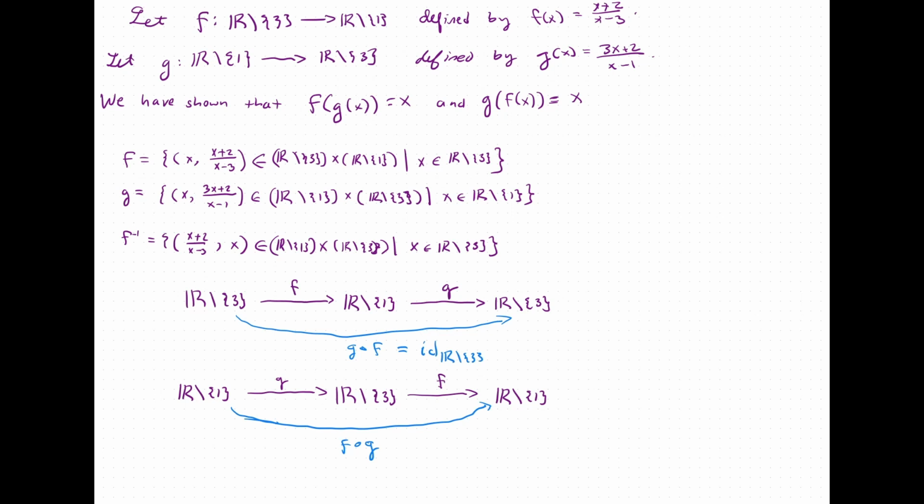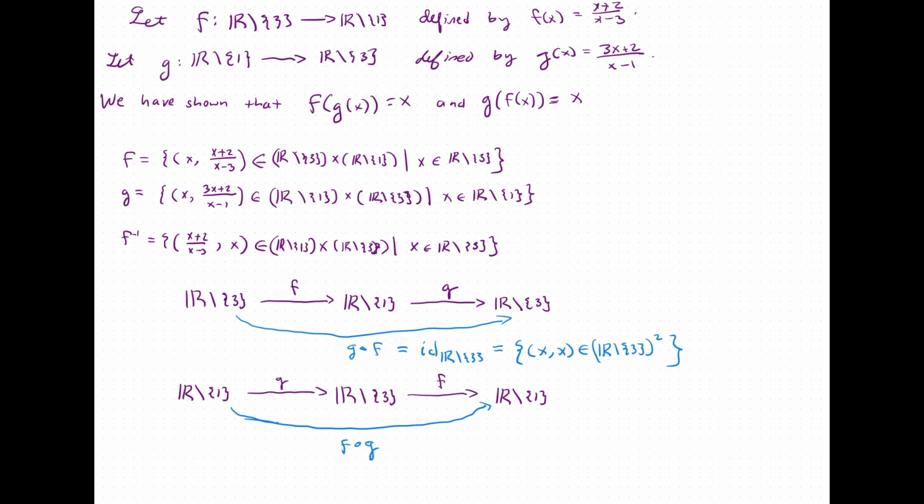And recall that the way that we define the identity relation on a set A is as the set of ordered pairs x comma x in the Cartesian product of the set given. So in this case, R minus 3, and so we're looking at just this set here.